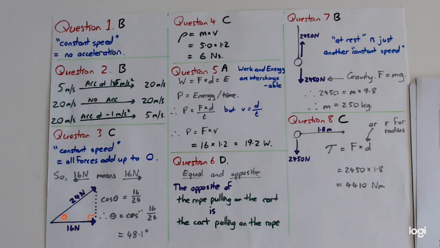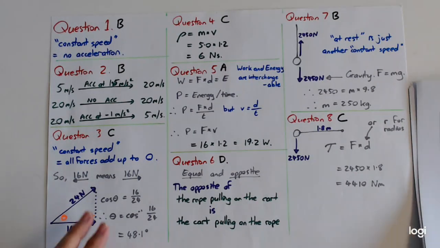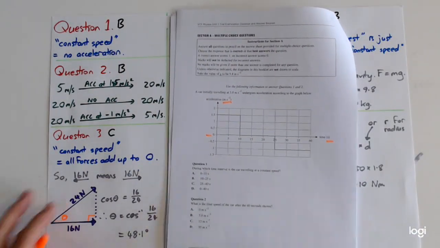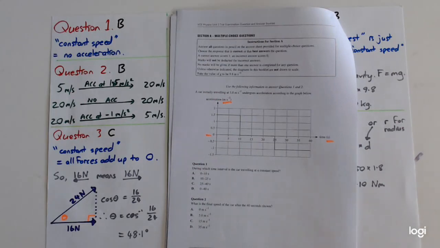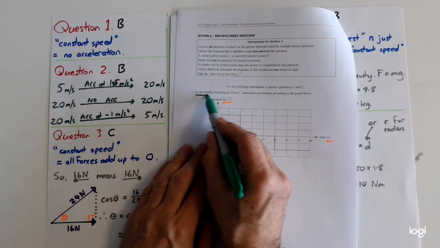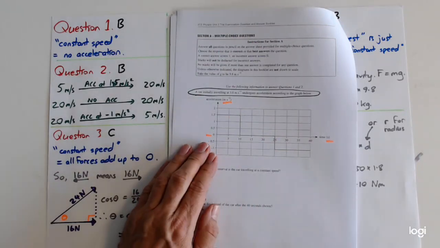Question 2. What's the final speed of the car after the 40 seconds shown? Now this is a lot of mucking around for 1 mark. And again, I'm going to have to show you this one because you have to do it literally using the graph. It starts at 5. Always read the beginning of a question. A lot of people just miss that bit.